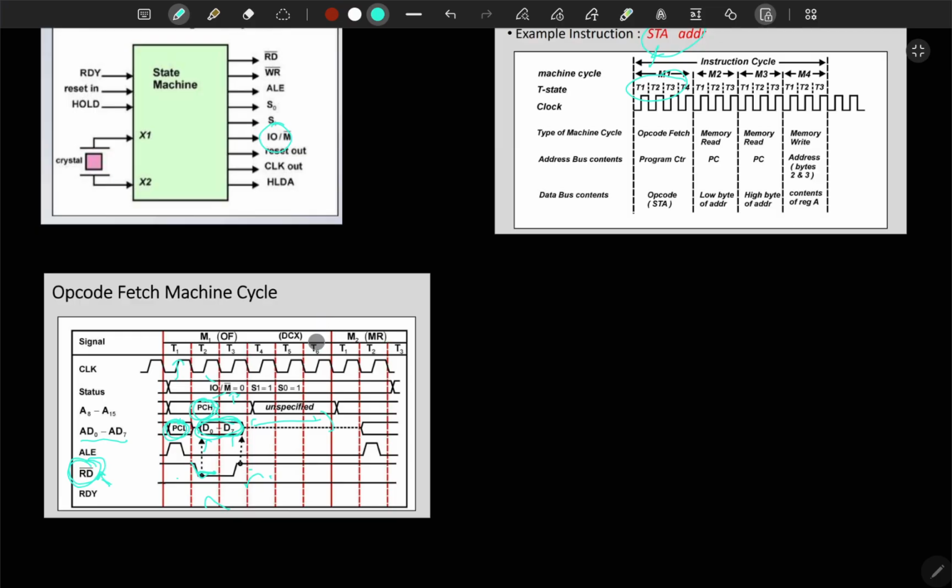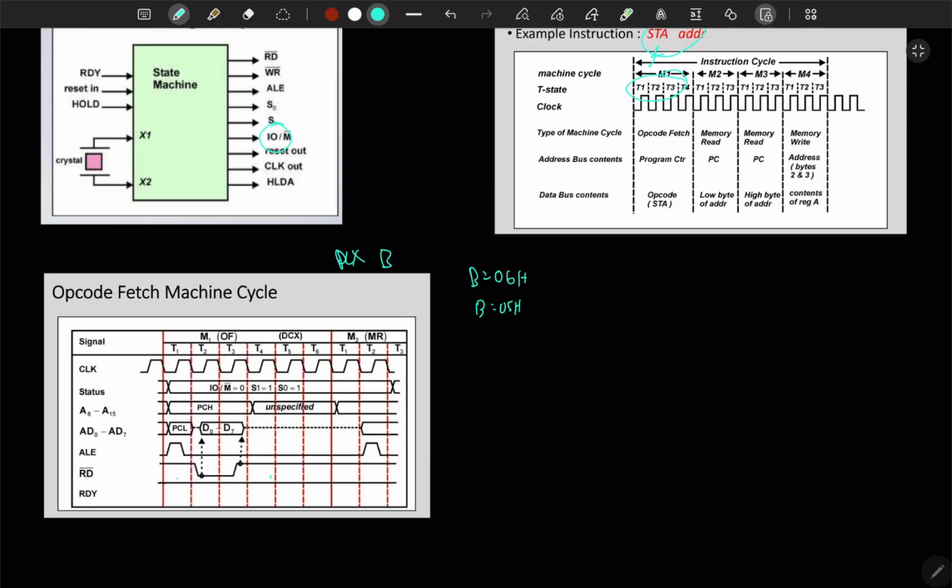This 6 T cycle is exclusively given to the decrement X, DCX command. So the DCX command will have a T6 state, and this memory read, meaning that for example DCX B, decrement B, if our B had 06H, decrement X B will change B into 05H.